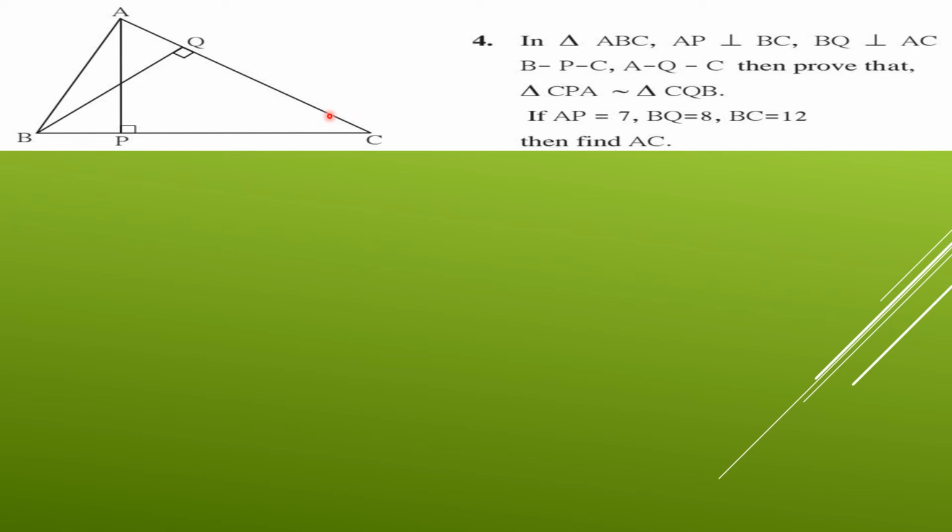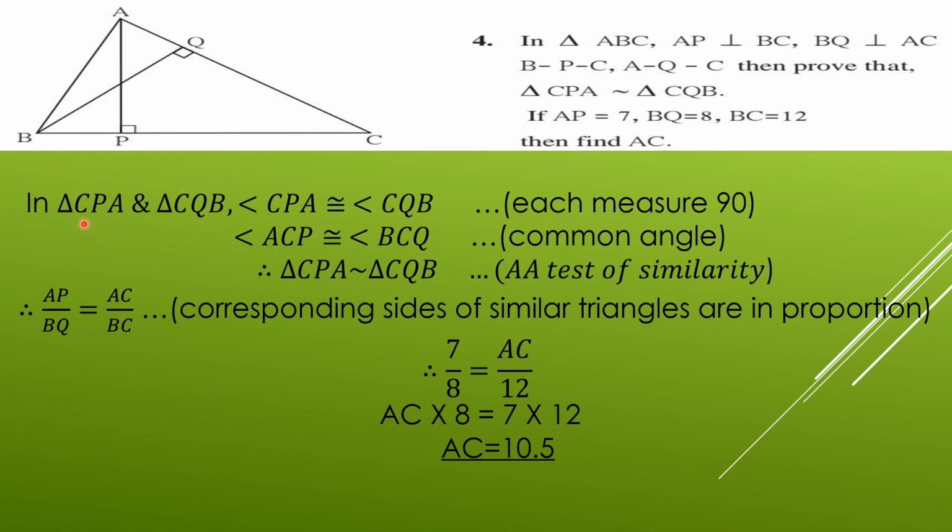Now, in this example, we have to first prove these two triangles are similar, and then by using the properties of similarity, we can find the value of AC. Okay. Now solution. In triangle CPA and triangle CQB, angle CPA and angle CQB are congruent.